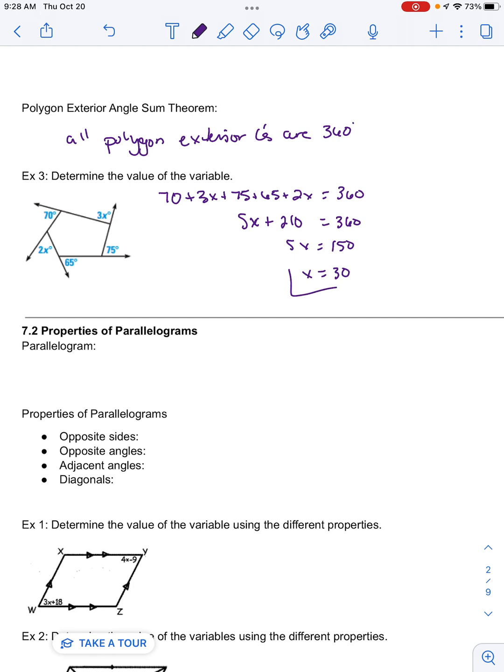X equals 30. It doesn't ask me to find the actual angles, but if you were to, you'd substitute that back in. And this is all about polygons. The polygon interior sum is n minus 2 times 180, and for the exterior, any polygon has an exterior angle sum of 360.